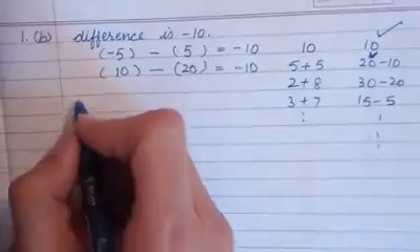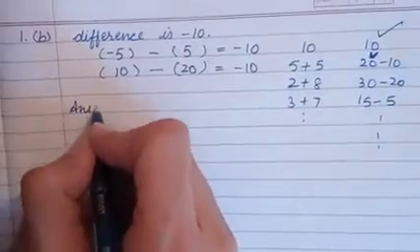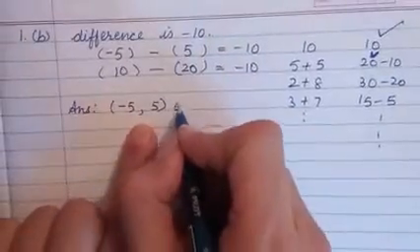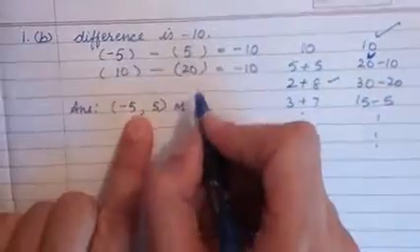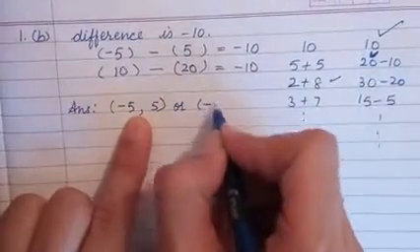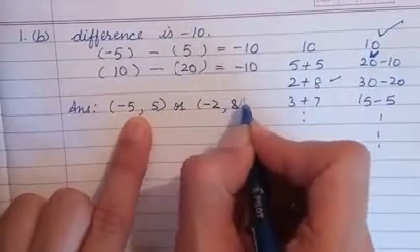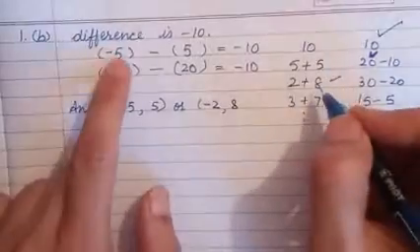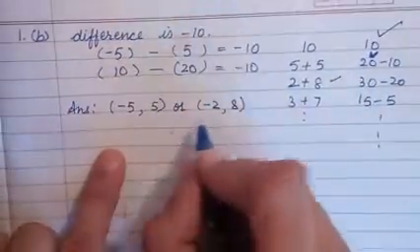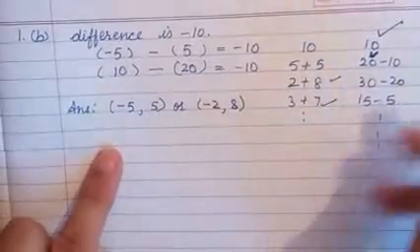So we can write the pairs like this in the answer, minus 5, 5. Or suppose I am writing here a bigger number that is negative, both negative, so here minus 2 and 8. If I am writing minus, minus, plus, this pair, or you can write other pairs yourself.